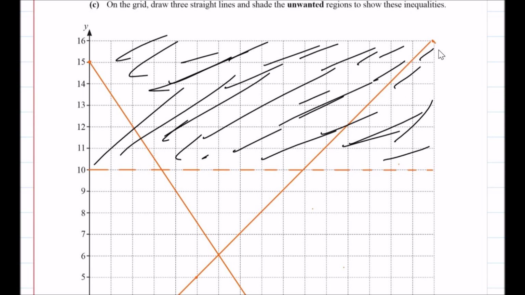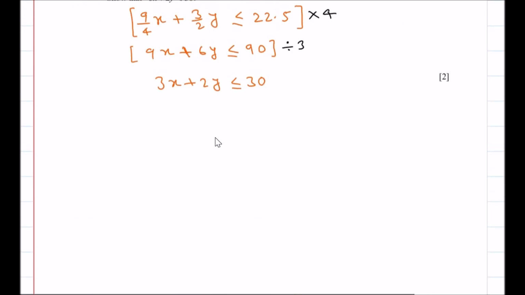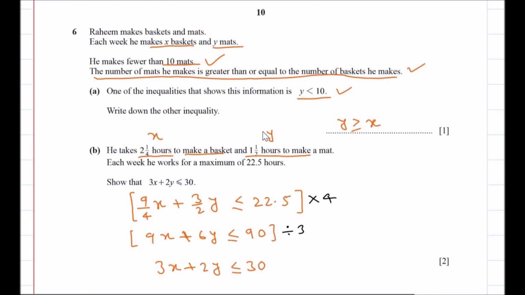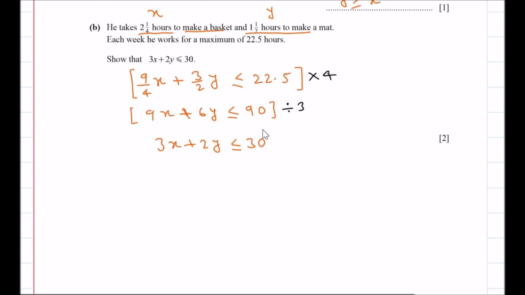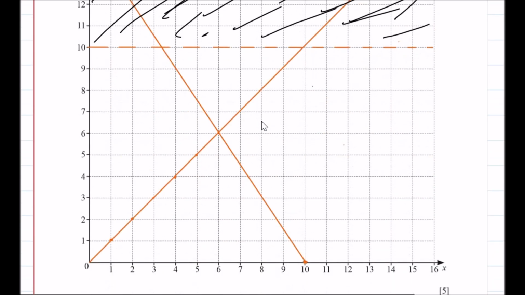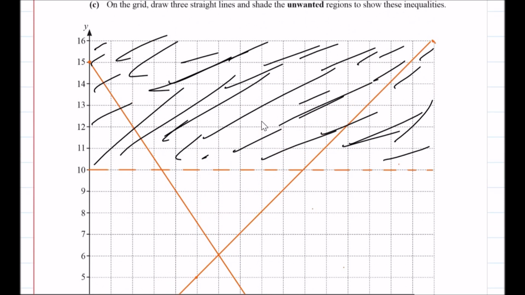Okay. Now next. For this done, next is y greater than equal to x. Unwanted means we have to shade the area below the line.